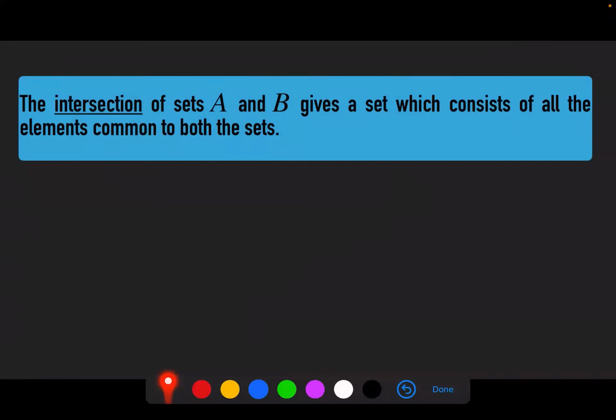So next is intersection of two sets. Now, what is intersection of two sets? Instead of saying duplicates, you can say that you're picking elements which are in both the sets. So intersection of A and B gives a set consisting of all elements common to both sets.